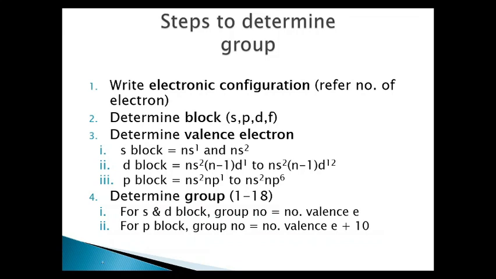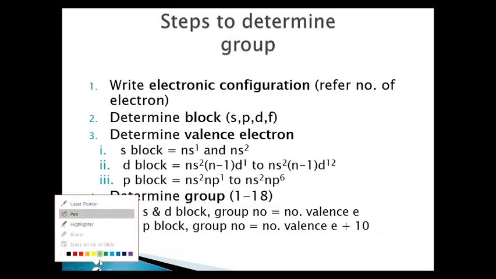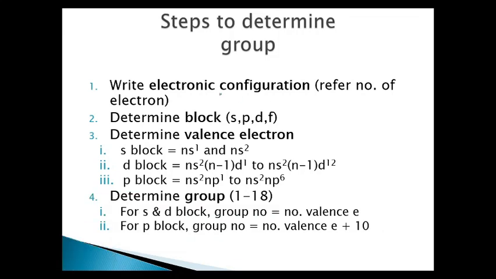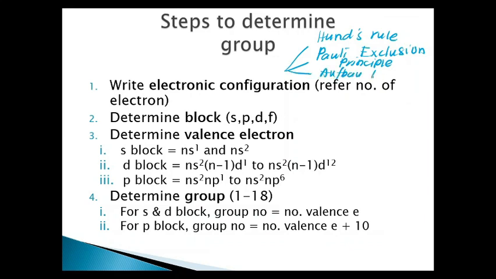First, you need to write the electronic configuration, referring to Hund's rule, Pauli exclusion principle, and Aufbau principle, which you already learned back in chapter 2.